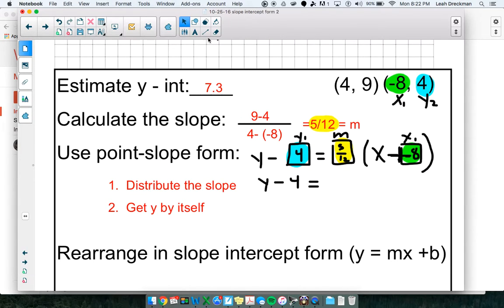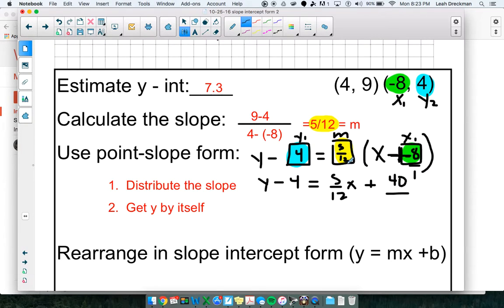So if you distribute your slope, y minus 4 equals, we get 5/12 x plus, because it was minus a negative, I'm going to think of this as 8 over 1. So 5 times 8 would be 40.